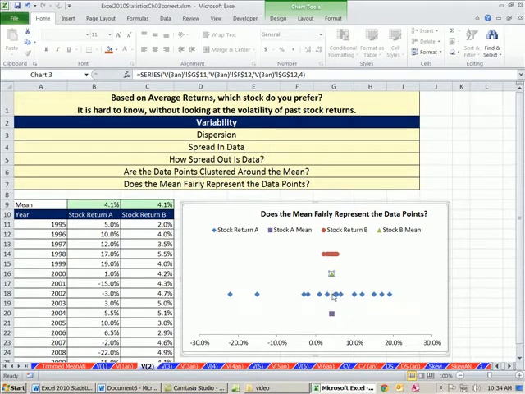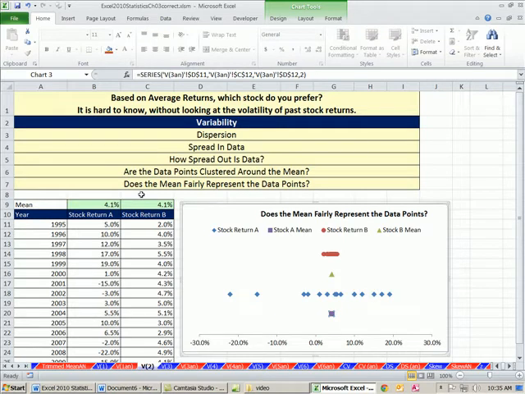Here, in any given year, wow, I might have a huge loss or a huge gain. A measure of variability like this for stocks measures risk. For this stock getting 4.1, I run the risk of getting something way out here or way up here. So how are the data points clustered around the mean? They are for this one, and not for this one.